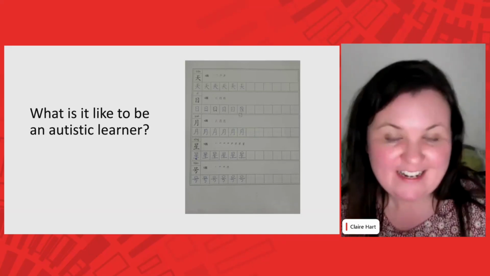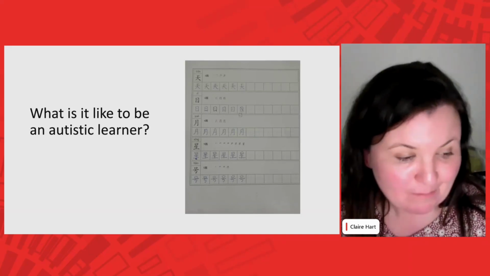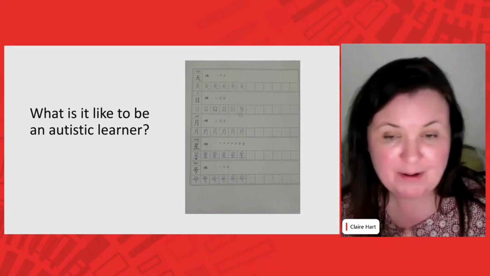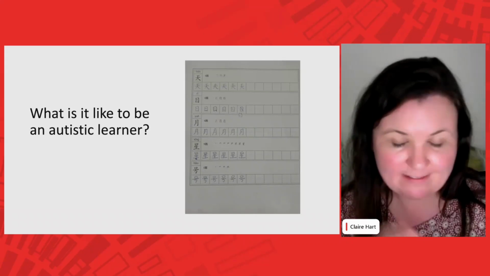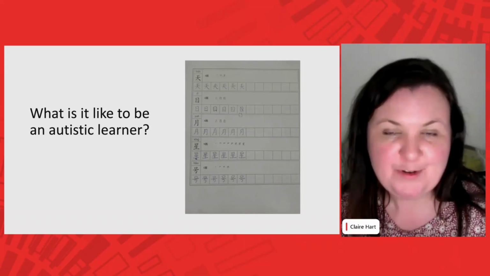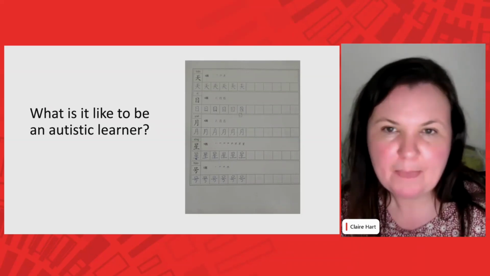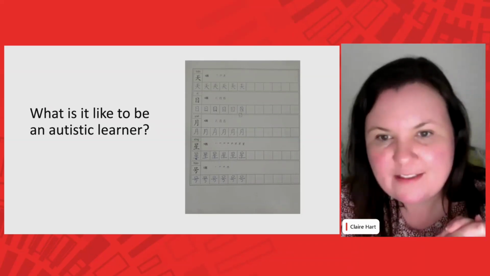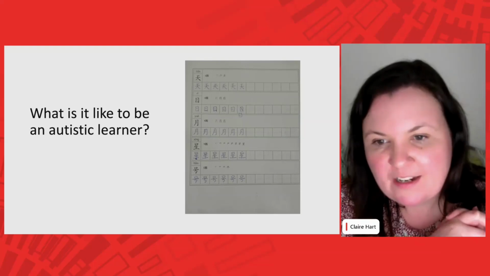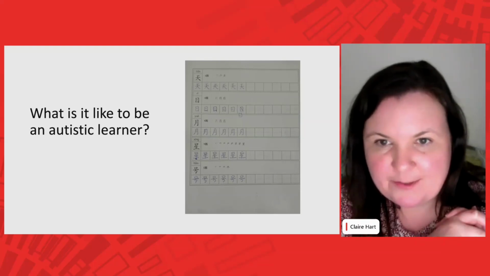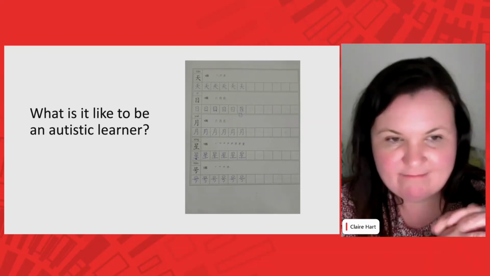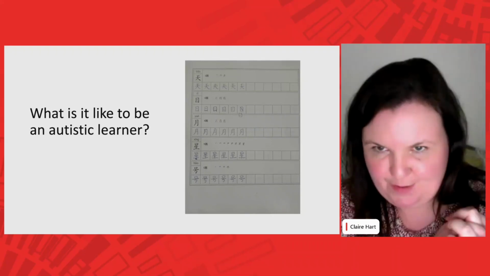This is from my son, he is learning Chinese because he's growing up trilingual and he really loves languages. So we thought it'd be great for him to learn another one. And he loves drawing the characters on this grid. And this is really fun and really engaging for him.